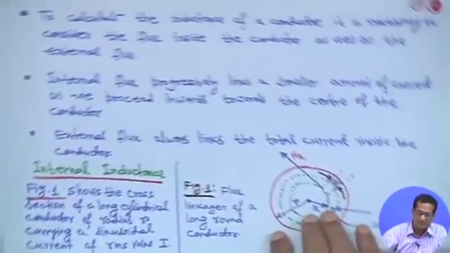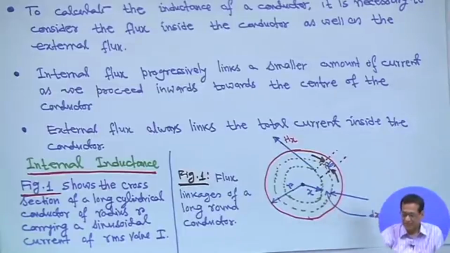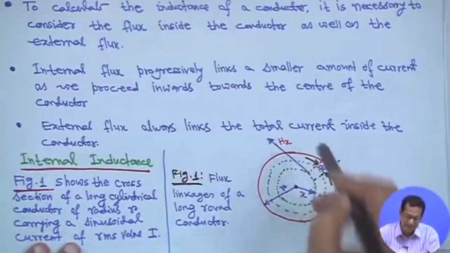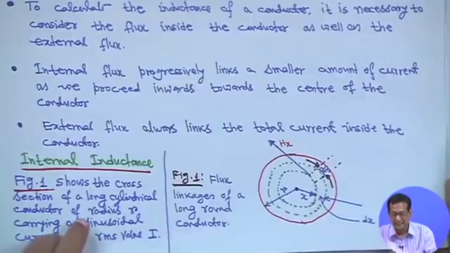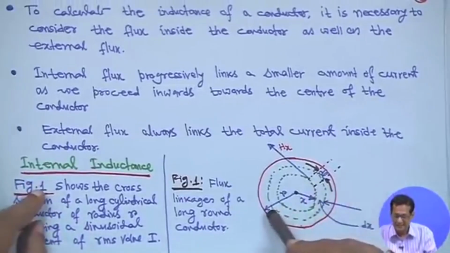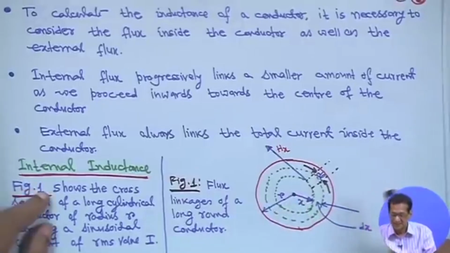Based on this, we will try to find out the internal inductance first. Suppose this is your figure 1, and this is your conductor. It is a long cylindrical conductor, and this is the cross-sectional view, and its radius is r.